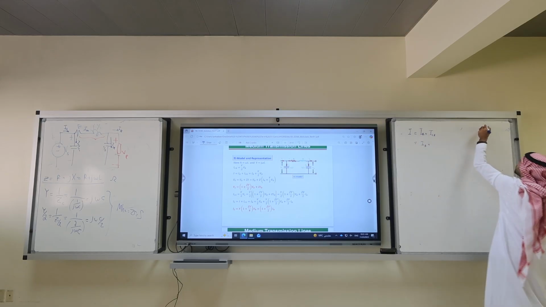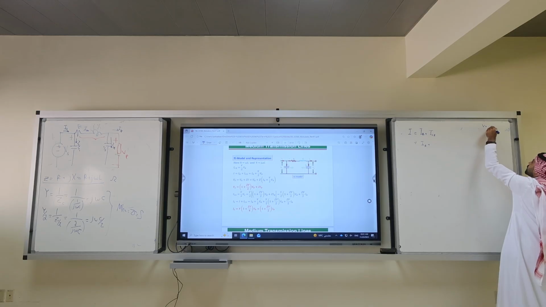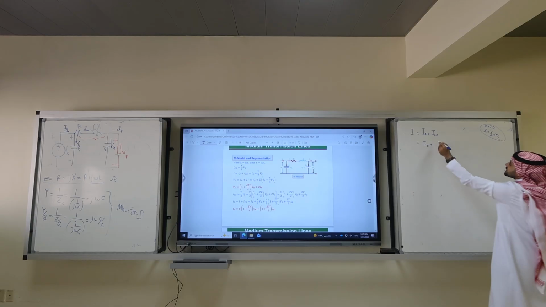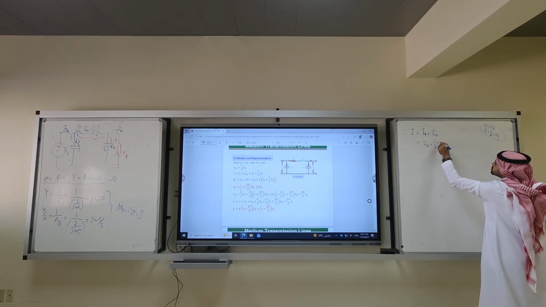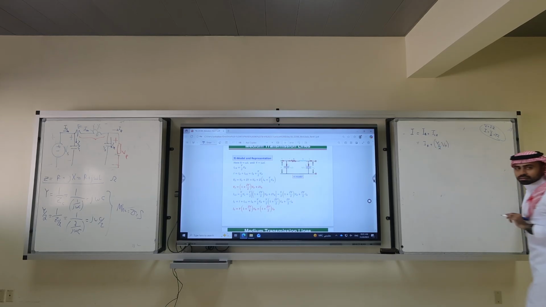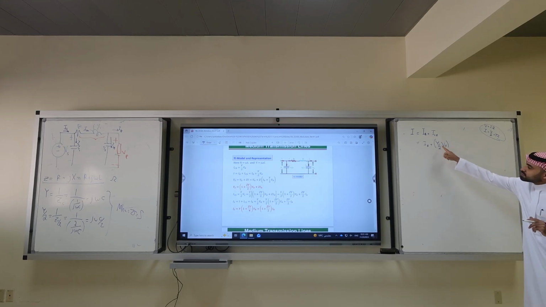The Ohm's law is V equal IZ. Yes. Or I can say I equal V over Z or Y of Z. You remember this? Yes. So can I say ICR is Y over 2 times VR? Yes. So I wrote everything as function of IR and VR.